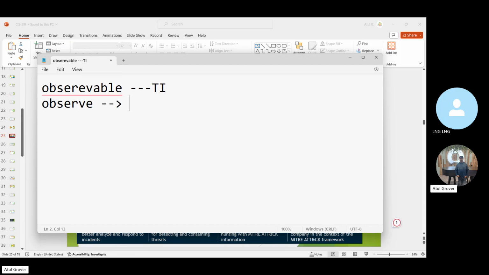To observe means you are looking, checking, finding something in another person: how he sits, how he moves, how he walks, how he talks, how he eats. That is called observing.